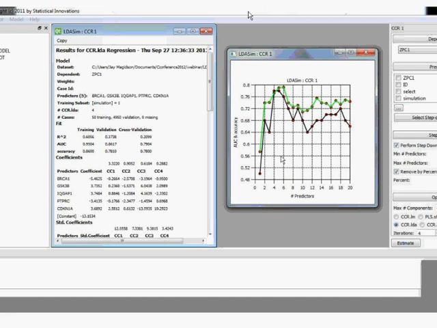So if we looked at 5, that's what turns out to maximize the accuracy. So now what we do is we use CV accuracy instead of CV R-squared as the criteria. R-squared is not really a good measure for dichotomous dependent variables. We still report it, though.